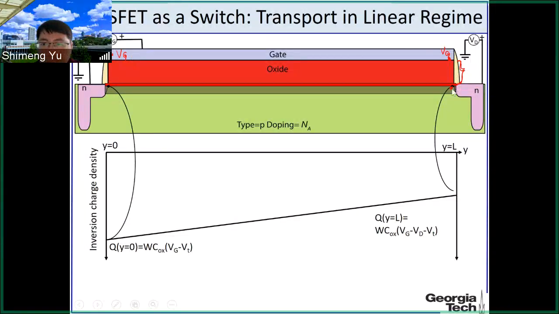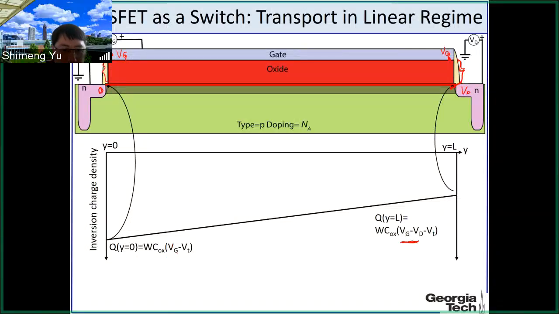But the drain side here, at this boundary, this voltage is provided by the drain voltage. So you have the difference only Vg minus Vd now. Towards the source side, you still have Vg minus 0. So that's why you still have the Vg.